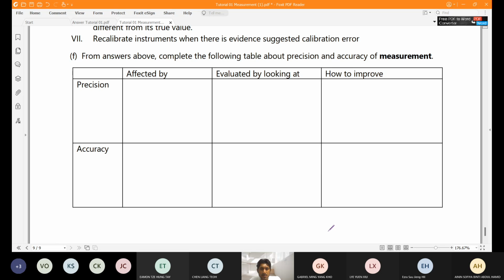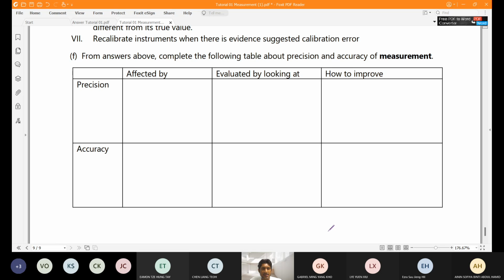How to improve? Repeat the experiment since it's a random error, and replace the largest contribution of the uncertainty, and use a larger sample size. If we do many trials, we can reduce the error and become more precise.